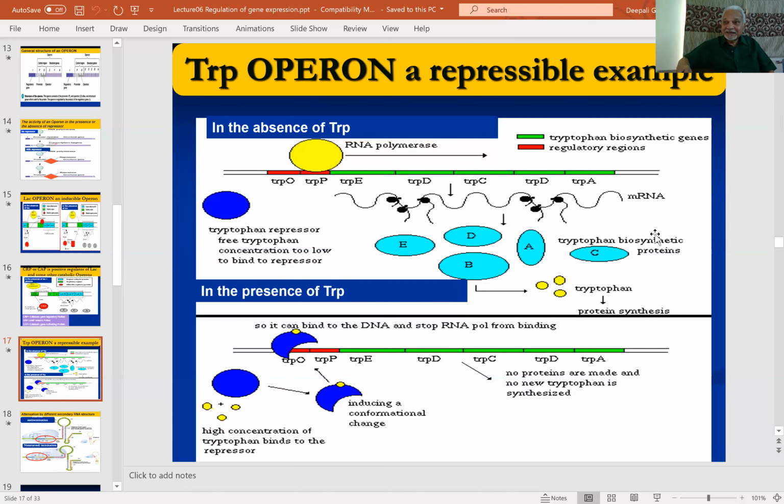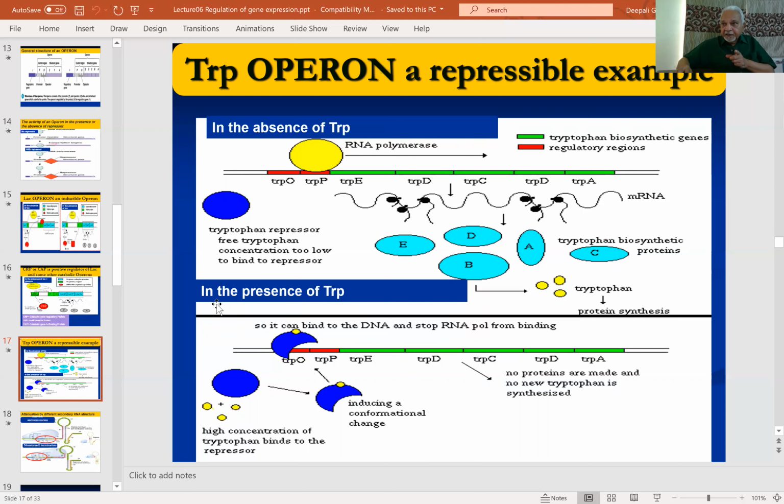So how is this explained? In the absence of tryptophan, when there is no tryptophan in the cell, the RNA polymerase goes and binds to the Trp promoter and brings about the expression. And there is another, a repressor, which is present, and it is not binding to or interacting with the polymerase. That is in the absence of tryptophan. The polymerase goes and binds it.